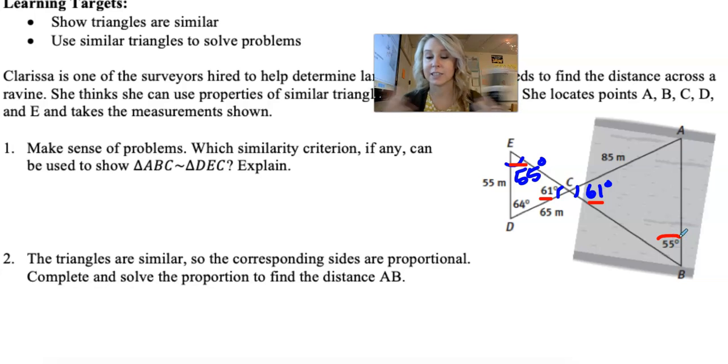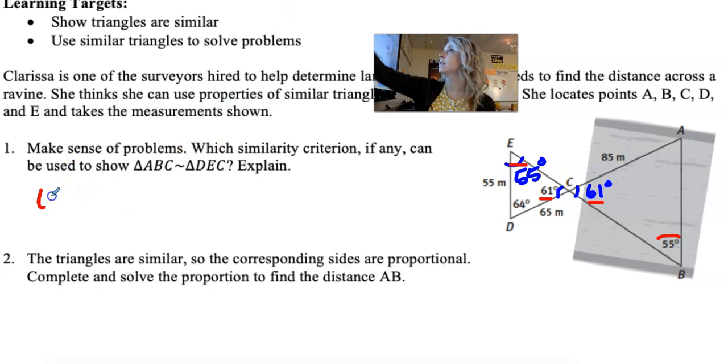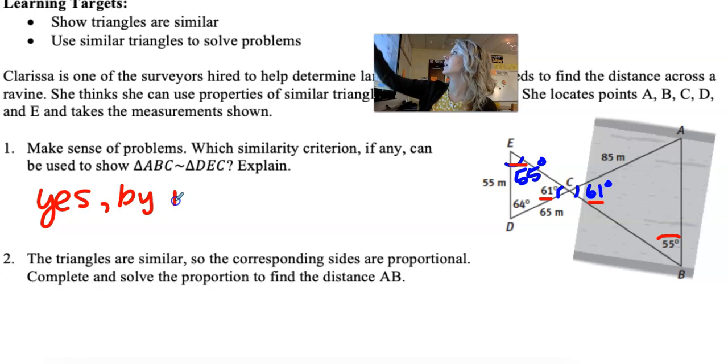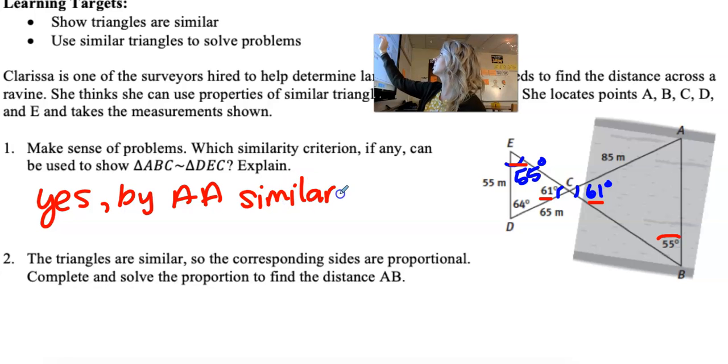So that right there is the angle similarity theorem. I know these two triangles are similar because they have all the same angle measurements. So I would say yes, by angle similarity theorem.